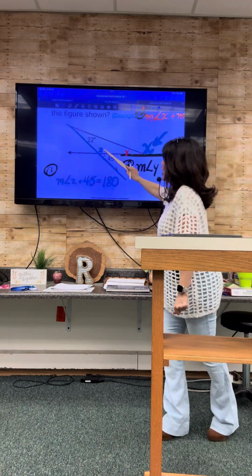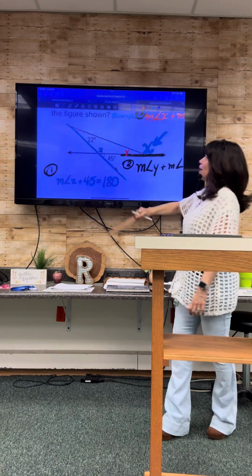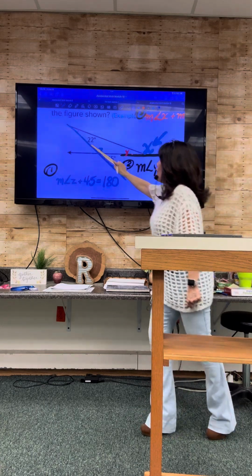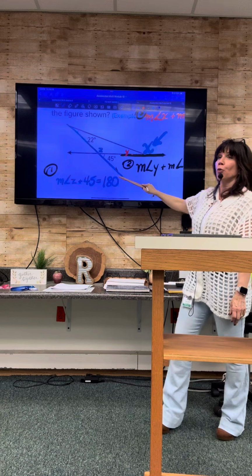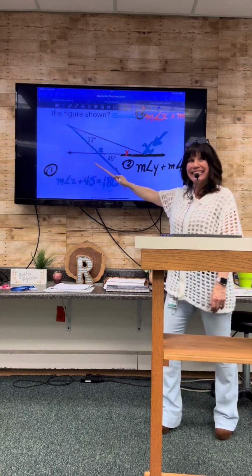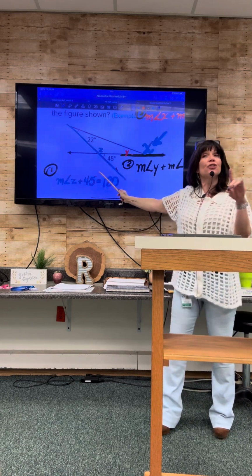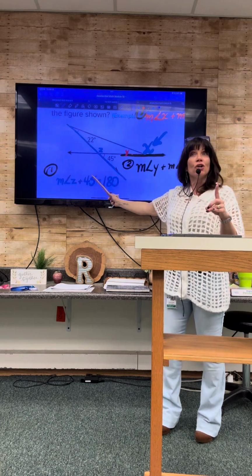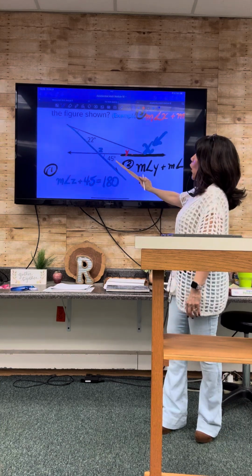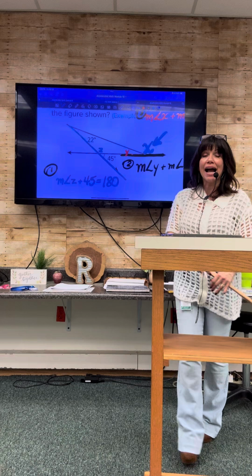If I don't know angle Z, but I do know that this straight line that I have purposely traced in green, oh wait, what did I just call it? A straight line. I should have called it a straight angle. So they did give us this 45.